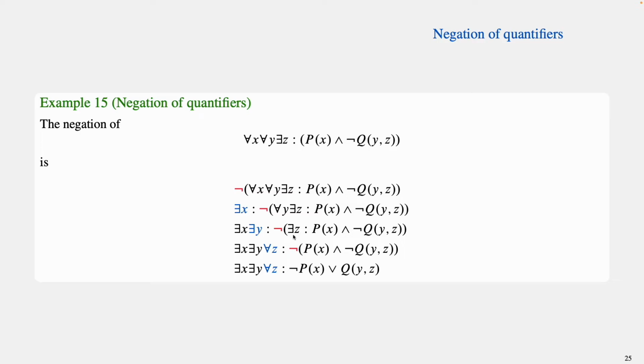I do the same thing with the remaining last quantifier: I flip the existential quantifier into a universal quantifier and move the negation past it. So I'm left with there exists x, there exists y, such that for all z, not (P(x) and not Q(y, z)) should hold. Now I can apply some rules here. The not (P(x) and not Q(y, z)) becomes not P(x) or Q(y, z).